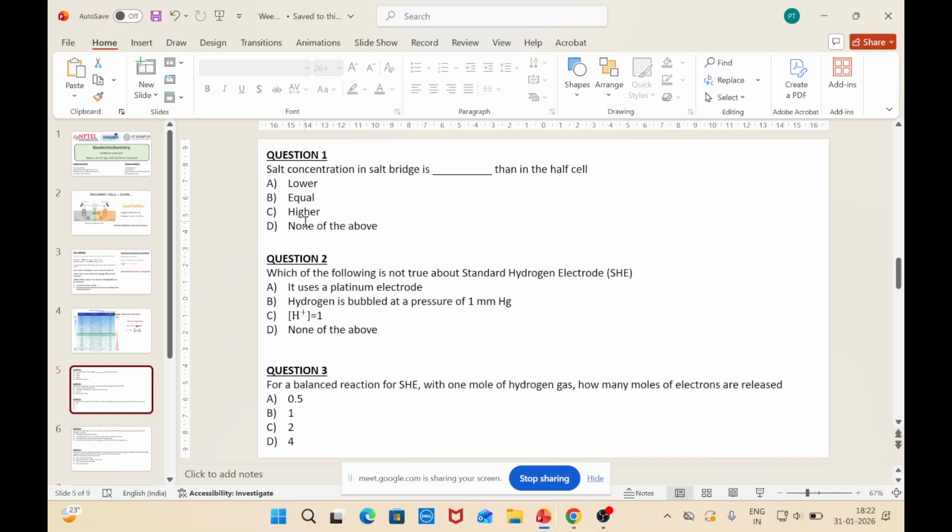You can either unmute yourself to reply, or you can post your answer in the chat box.